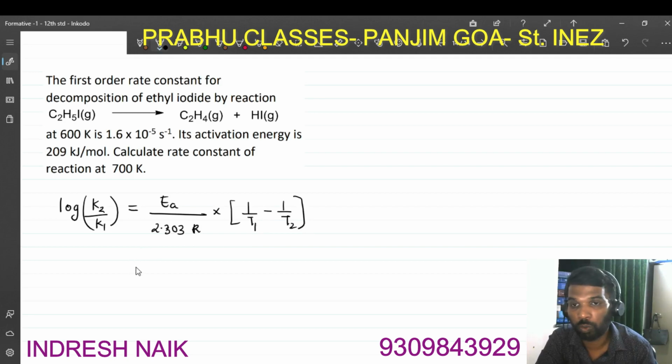So how to proceed with this? K1 is given at lower temperature, so the rate constant is low. Always remember, at low temperature the rate constant will be low, and at higher temperature the rate constant will be higher.